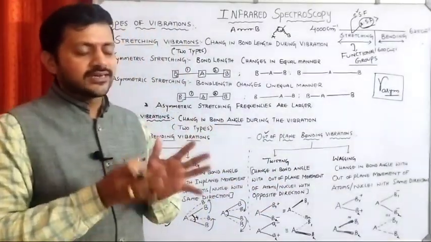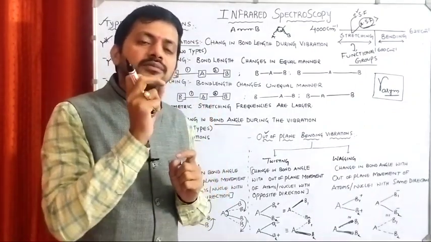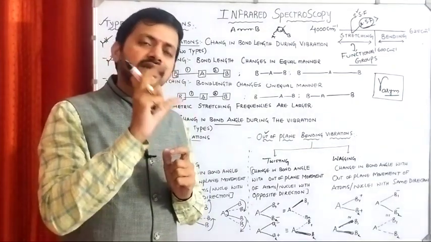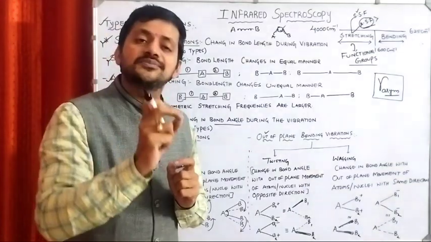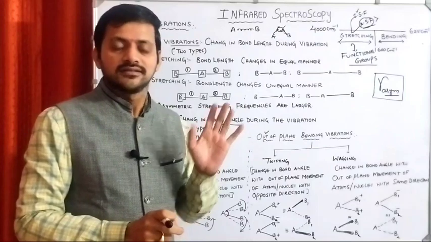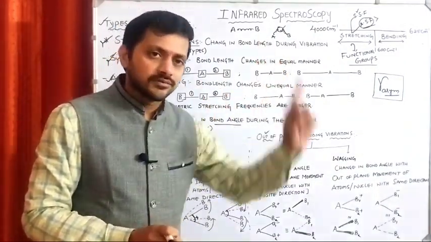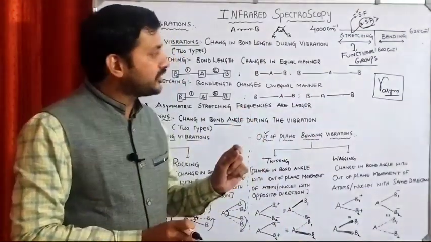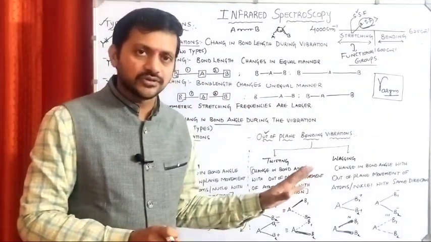So in IR spectroscopy, the most important part is remembering the frequency values. Most of the cases, the asymmetric stretching frequency values of the corresponding functional groups. You need to remember them. Then only you will be able to do the combined problems.